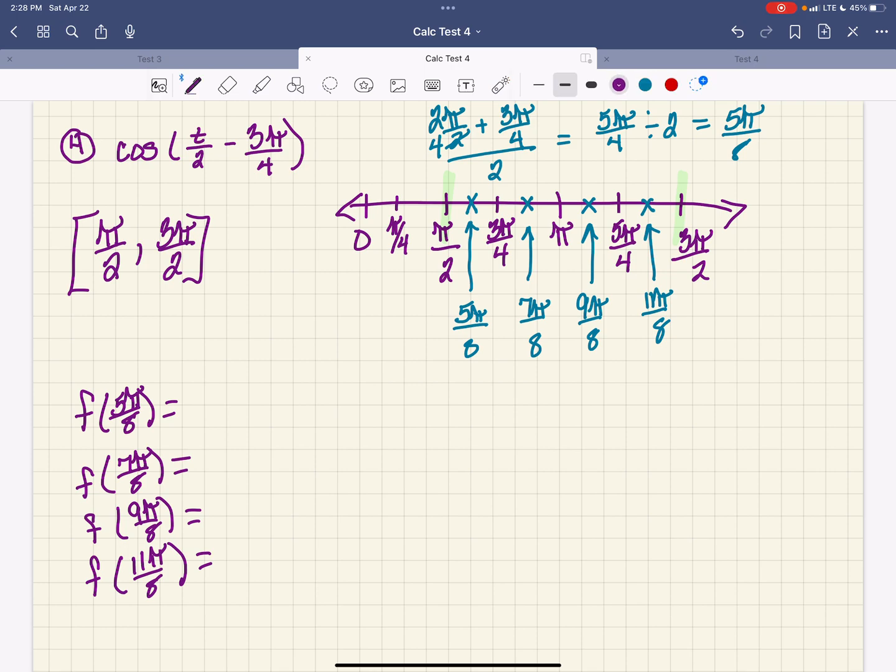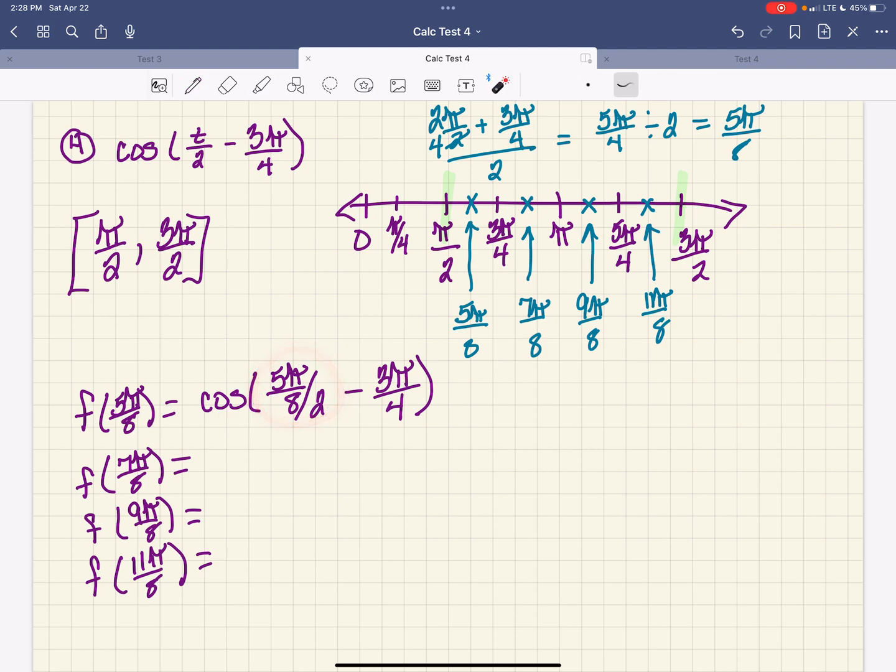That means cosine of 5 pi over 8 over 2 minus 3 pi over 4. You have to be real careful right here.